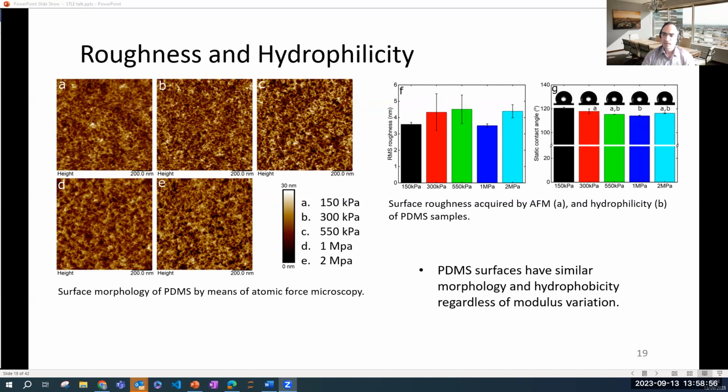As you can see in the AFM images, despite having different modulus, all PDMS surfaces showed similar morphology, with an RMS roughness of about 4 nanometers, and they also had similar hydrophobicity at about 120 degrees. So we can rule these factors out, and they won't affect friction in what we see later.